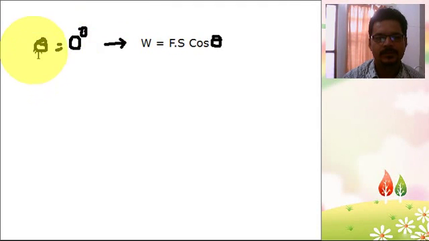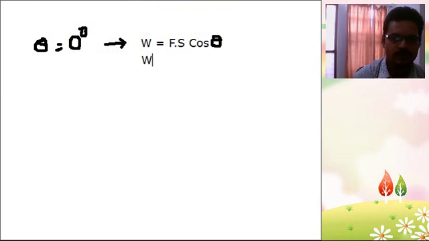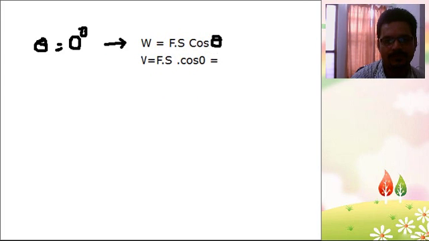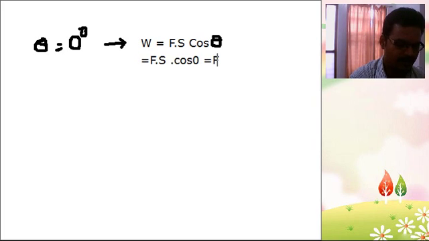See here, take one more case. If theta equals 0 degrees, then W equals Fs cos theta. So we can write W equals F into s into cos 0, as theta is 0 degrees. Now cos 0 is 1, so the value becomes F into s.